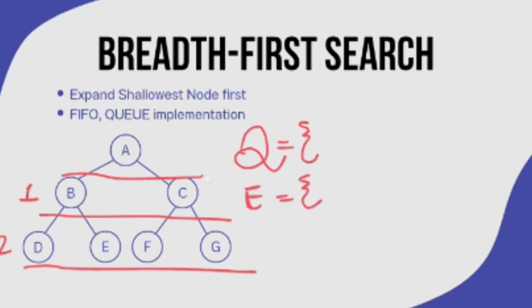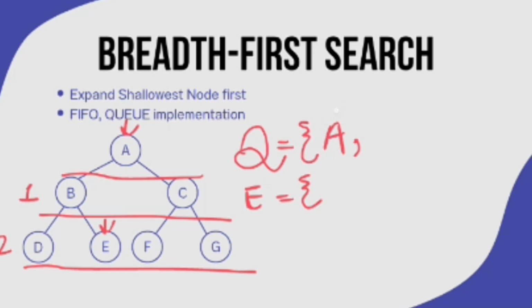Let's suppose our starting node is A and our goal node is E. So we need to go to E from A. So we have A, so we put it in our queue. And then our next step is that we pick up the value from our queue which is on the leftmost side, meaning first in first out.